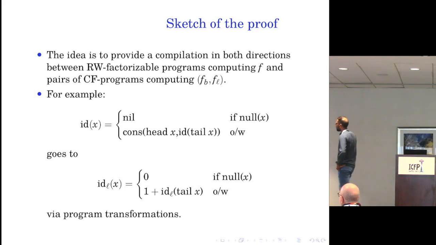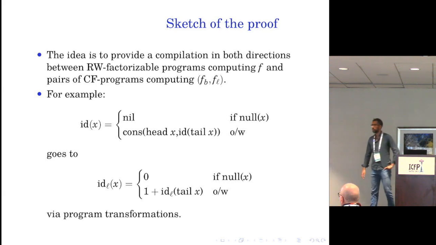It's just 0 if the string is empty, otherwise it's 1 plus the length of the identity function on the tail of x. And you can see how you can get the bottom one from the top one via a program transformation. The structure is similar. Of course, it's more complicated to do the bits function, and you also have to go in the other direction, but that's just a hint of what's involved.